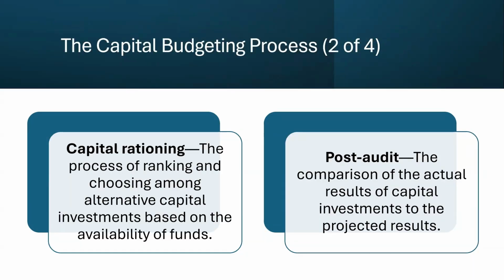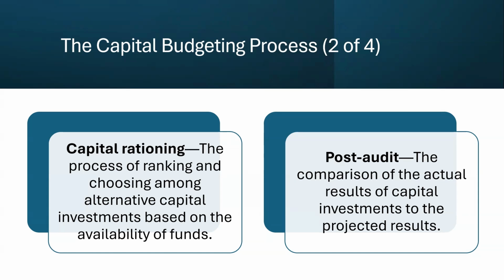Some companies can pursue all potential investments that meet or exceed their decision criteria. However, most companies face resource limitations, and they must engage in capital rationing, which is the third sub-step in the planning process.